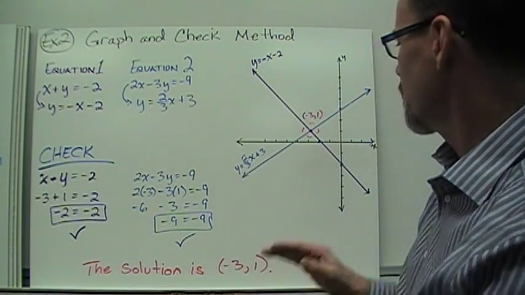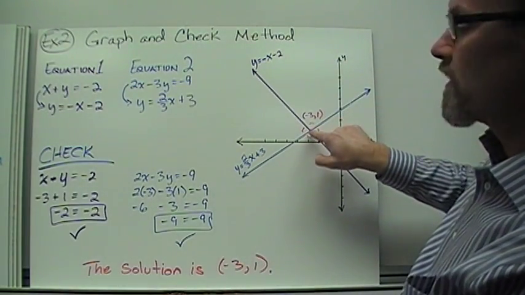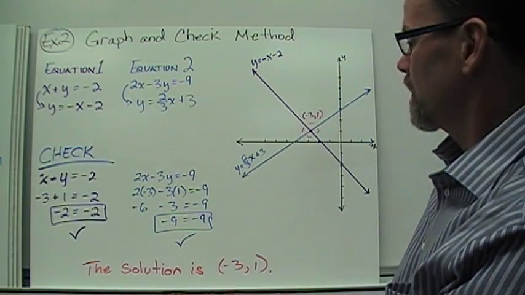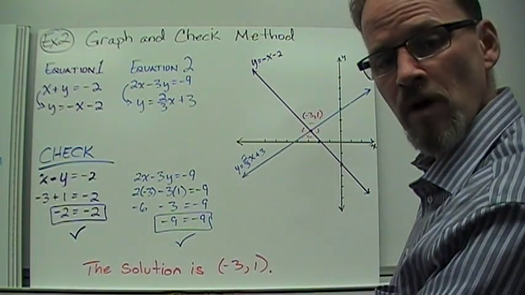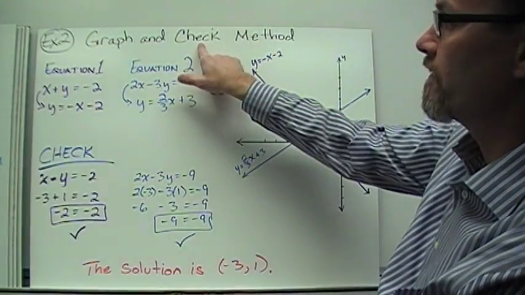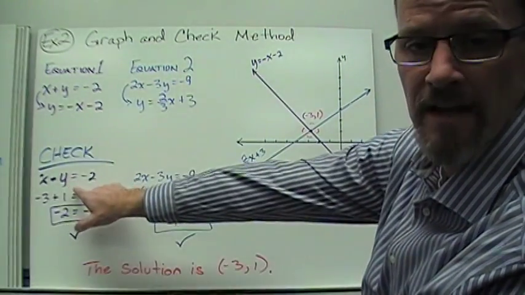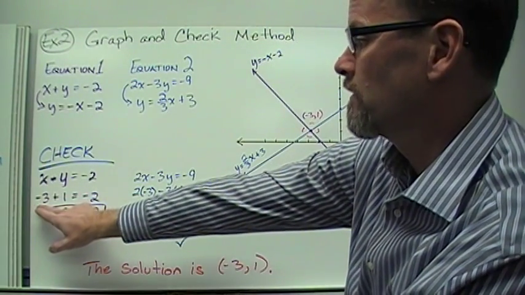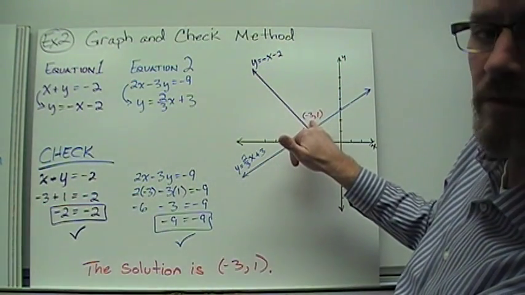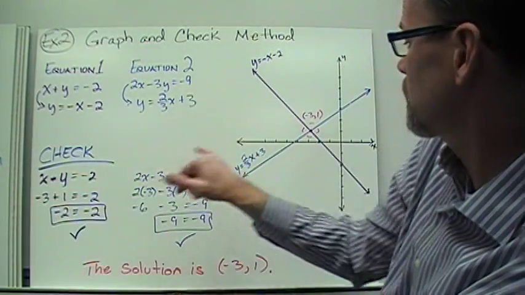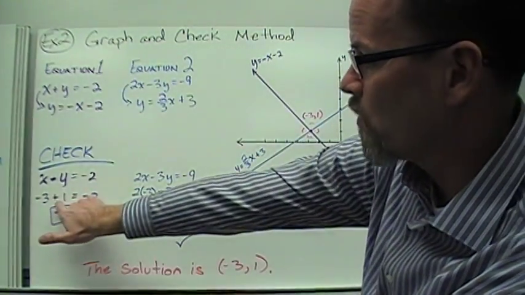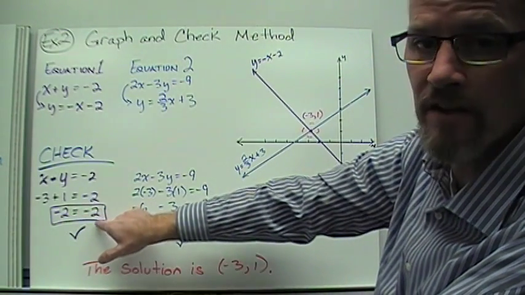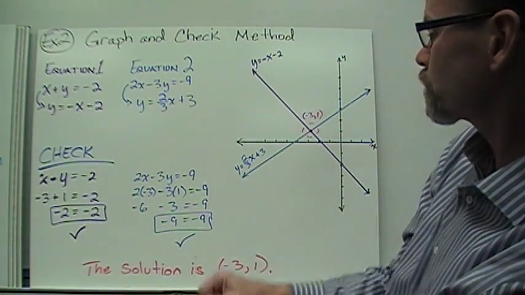Where they came together was pretty close to negative 3, 1, if not right on that. I now take negative 3, 1. This is the check part. I plug it into the original equation: negative 3 for x, positive 1 for y. I work it out, and negative 2 does equal negative 2.